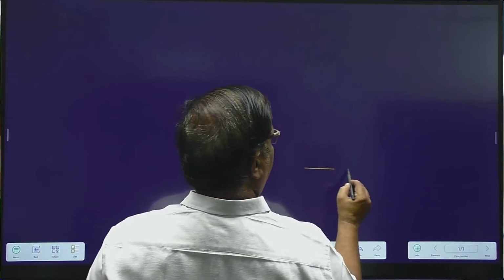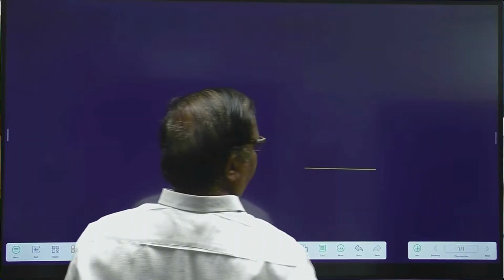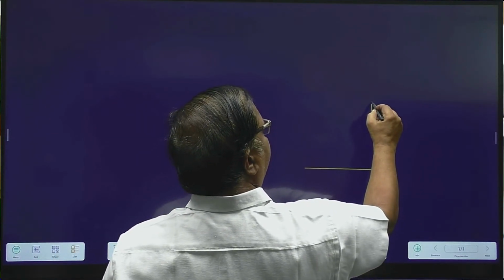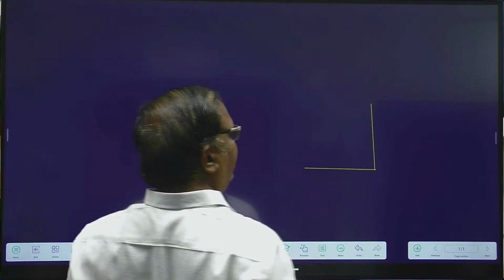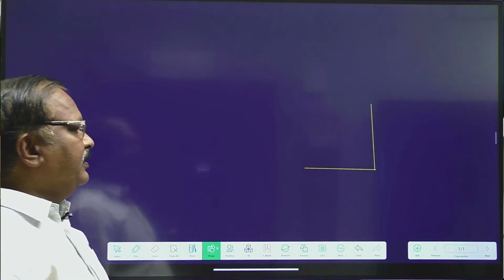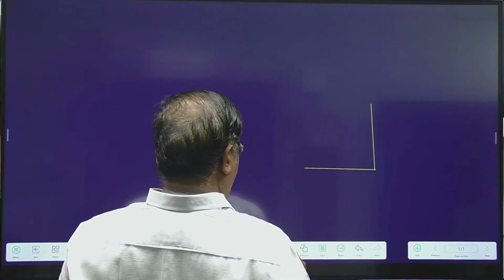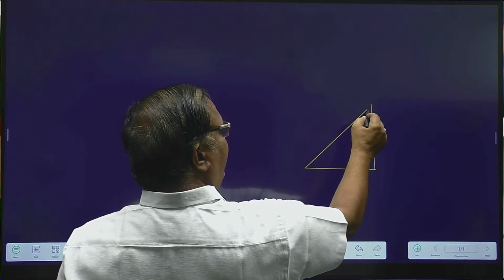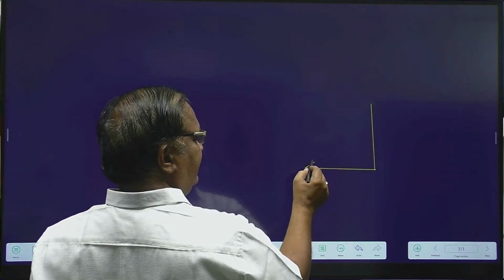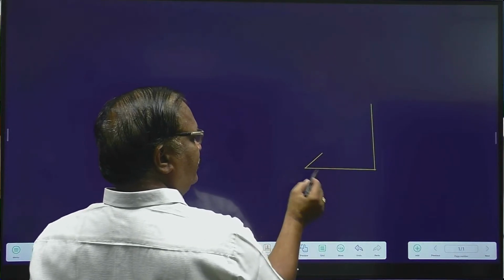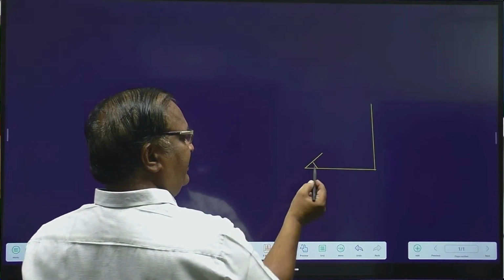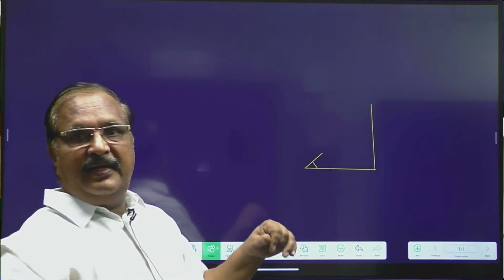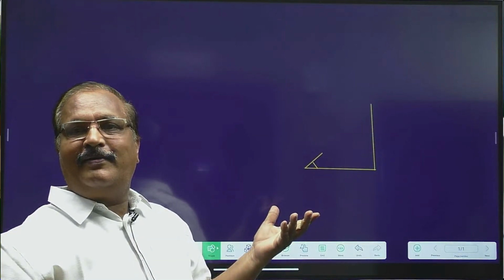So this is the base and this is the height. Now our angle is this one. If the angle is increasing, the angle between these two is needed to be 0 degrees and also 90 degrees.